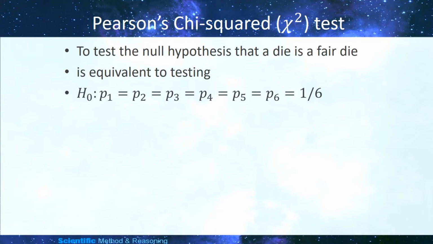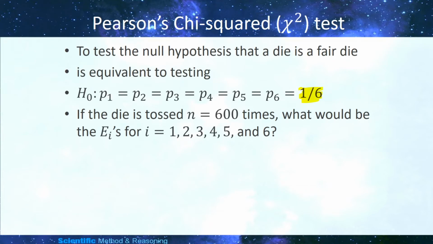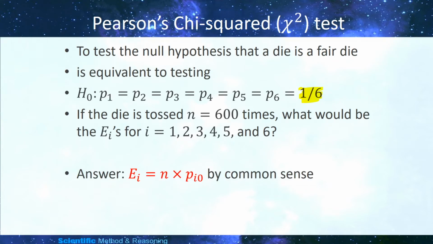And to make sure that the 6 probabilities will add up to 1, the hypothesized probabilities would be 1/6 for each of the 6 cell probabilities. If the die is tossed n equals 600 times, what would be the expected frequencies for each of the 6 cells? And the answer is very natural and intuitive, which is 100.